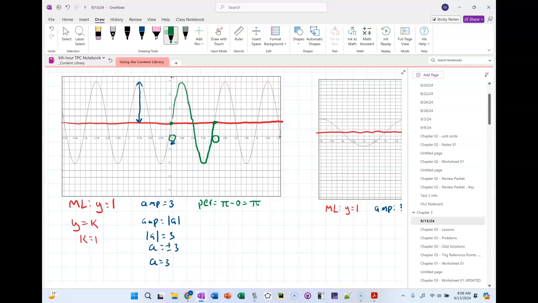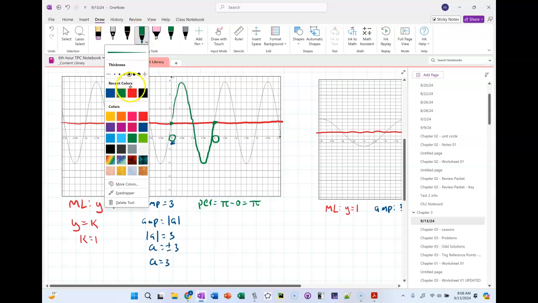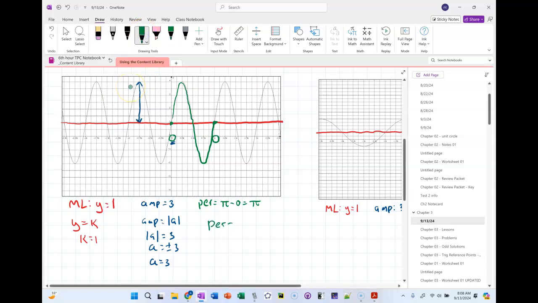And the last piece is the period. So for the period, we said the period is 2 pi times the absolute value of c. So my period is pi.